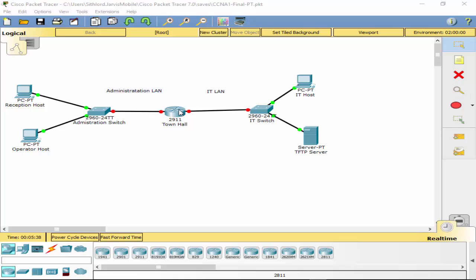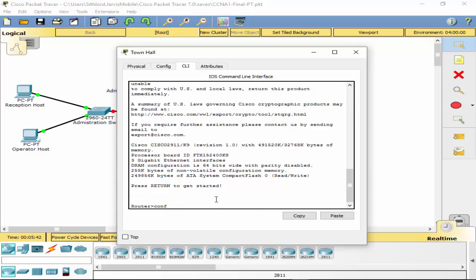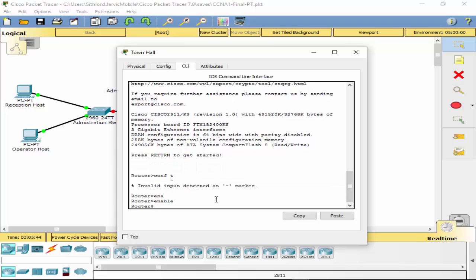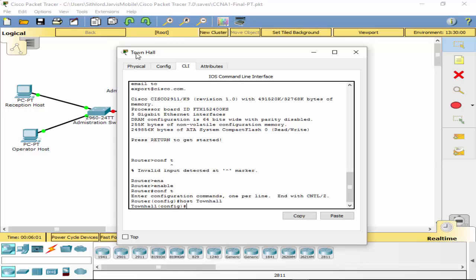So first thing we're going to do is go into the Town Hall router, and I'm going to start off by saying enable, then conf t, then hostname. I don't know, Town Hall router. I think it tells us what to call it later, so we'll just say Town Hall for now.